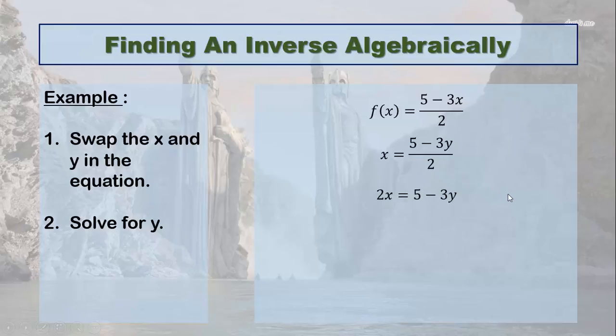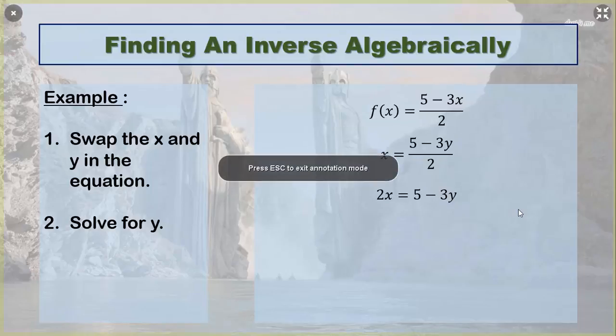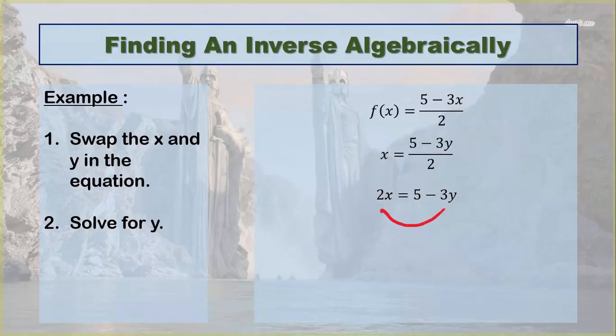So here's our y. We need to get everything on the other side of it. Alright, so I start by multiplying by 2. And in this next one, since y is negative, I'm going to add 3y to that side, subtract 2x from that side. And then I just have to divide by 3.